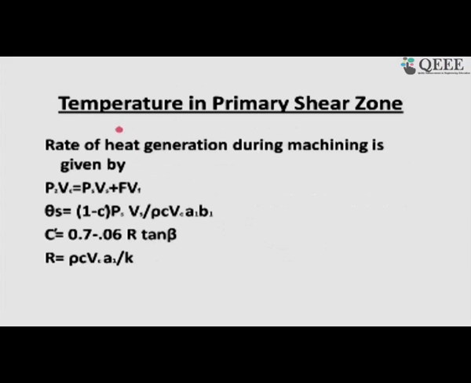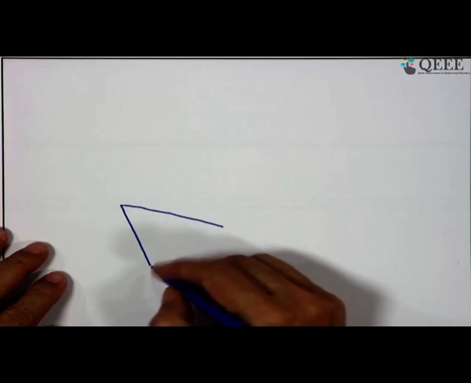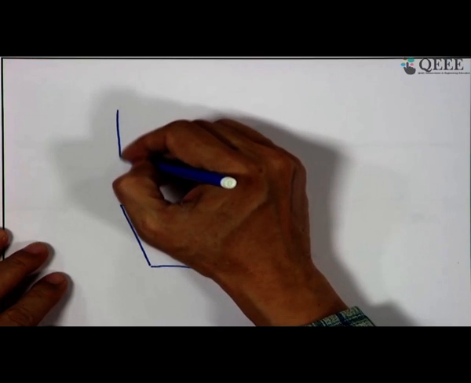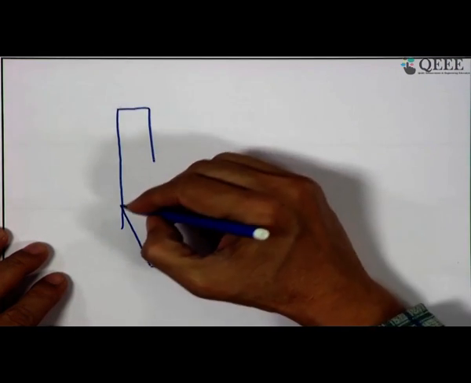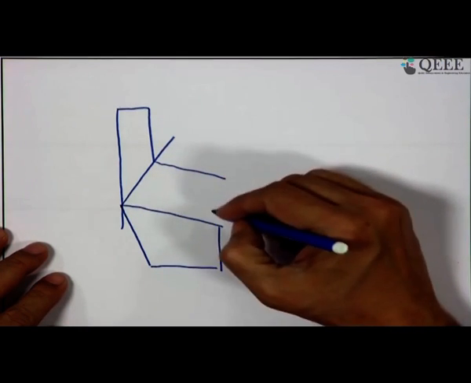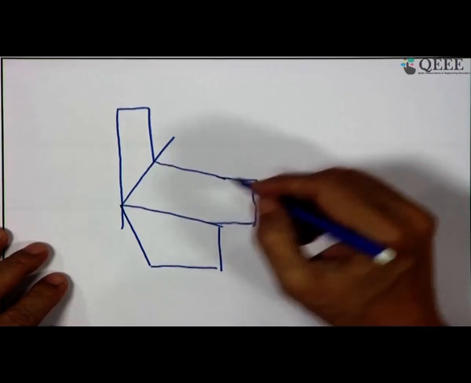So, friend, temperature in primary shear zone. Now, let us just look into this. I draw this cutting tool. Primary shear zone. This is the chip, and from there it gets lifted. Okay.